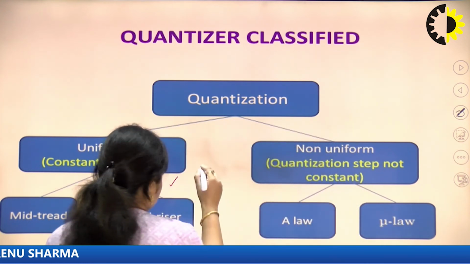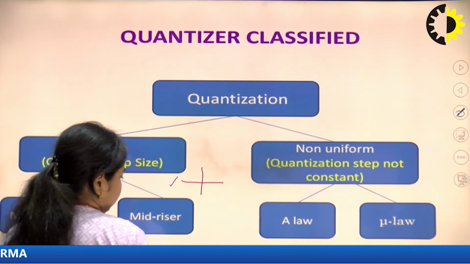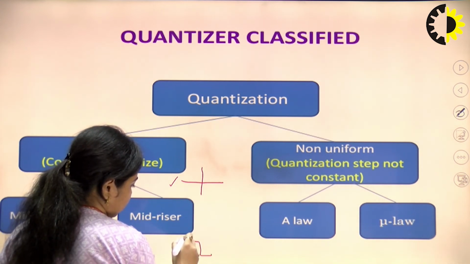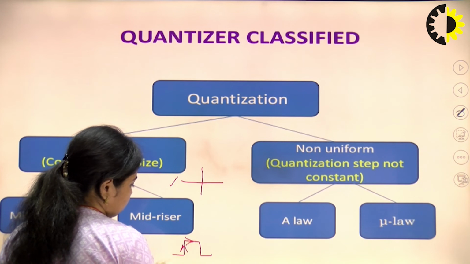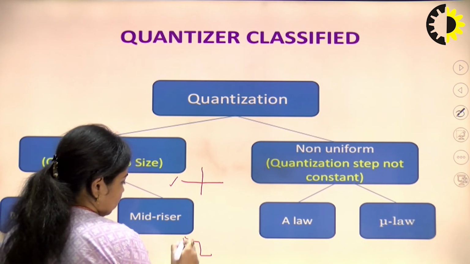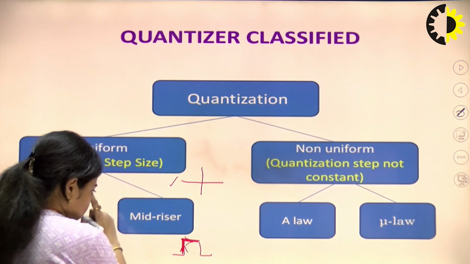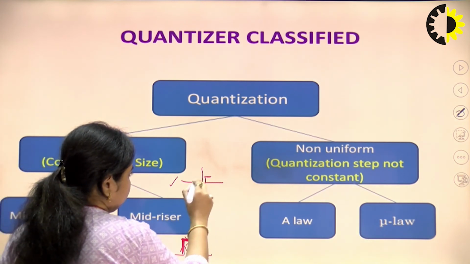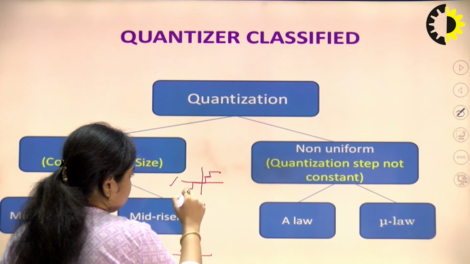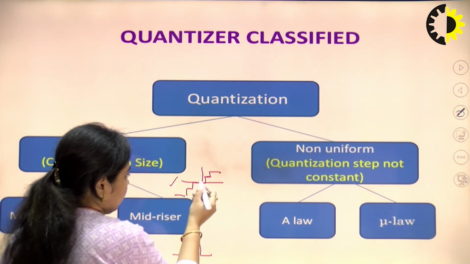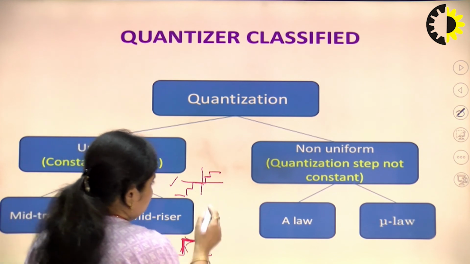So, how are we going to draw this waveform? Let us say we consider a pulse whose tread is this one and riser is this one, this is the riser and this is the tread. In case of mid tread, the waveform will look somewhat like this, so the origin will be in the middle of the tread.